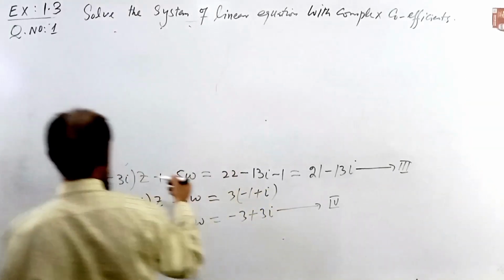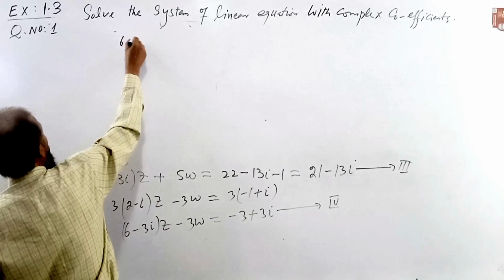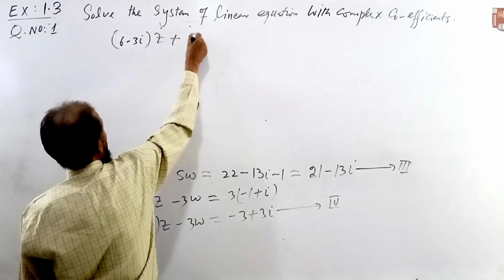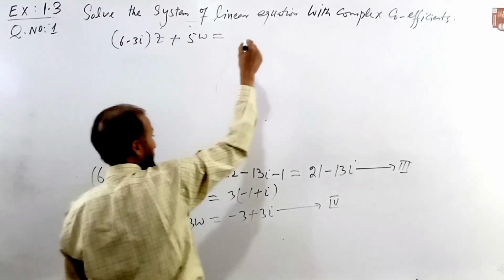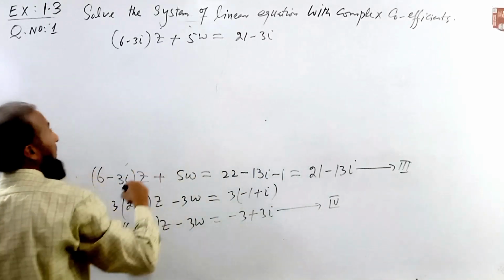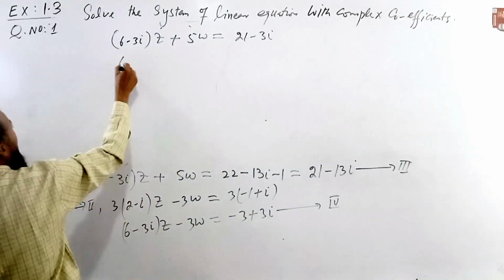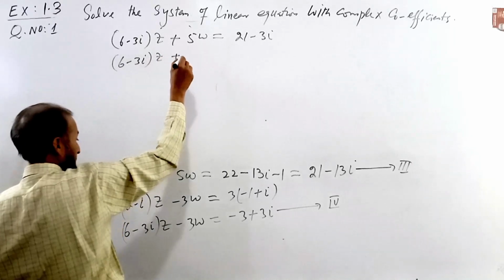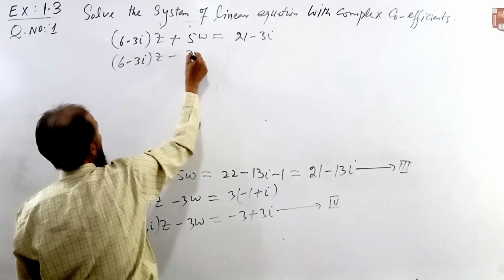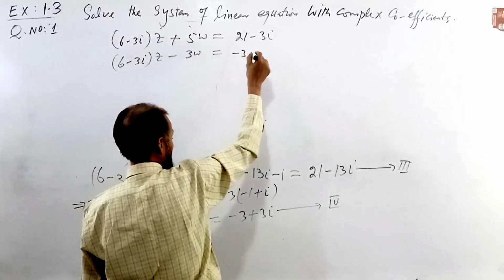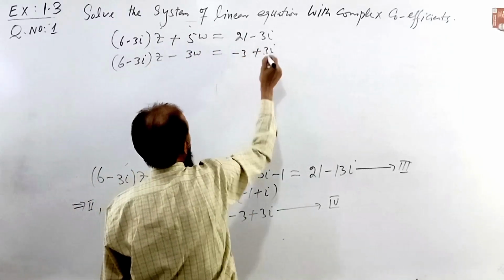So here third is (6 minus 3 iota) into z plus 5w is equal to 21 minus 13 iota, and (6 minus 3 iota) into z minus 3w is equal to minus 3 plus 3 iota.